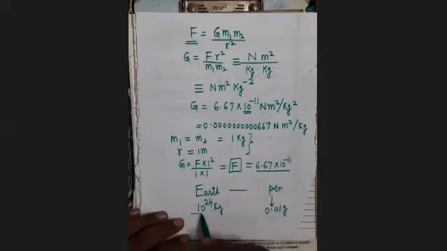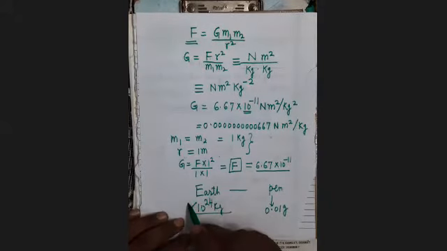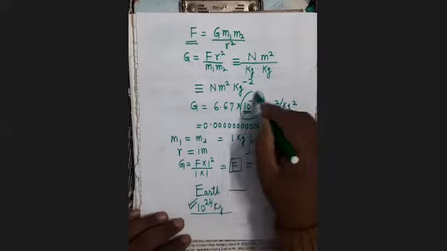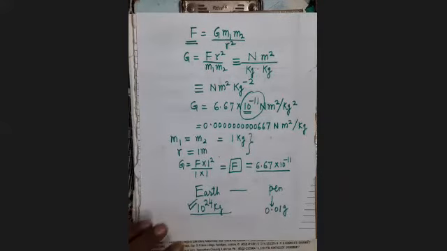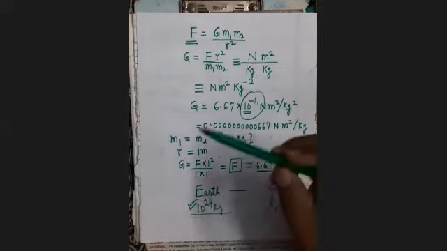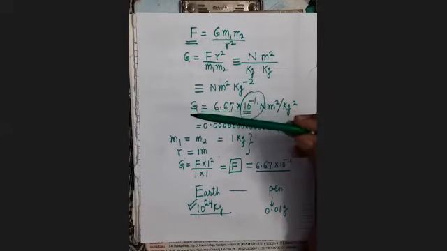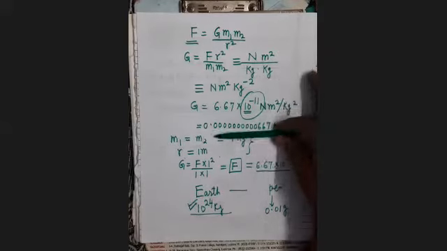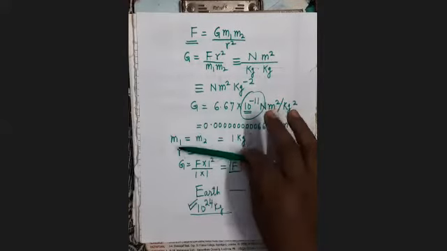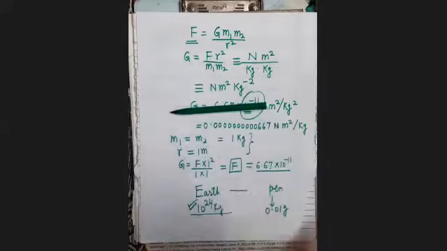Since one body is very massive, when you substitute, this mass will nullify the effect of this negative power. The force between this pen and Earth will become significant. And if you leave it, what will happen? It will fall towards the Earth. It will not go in any other direction.